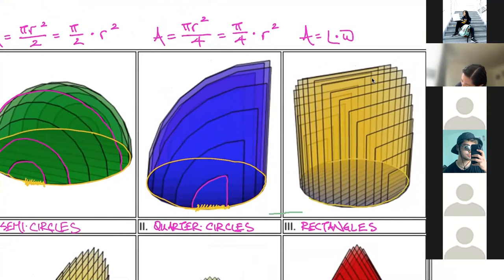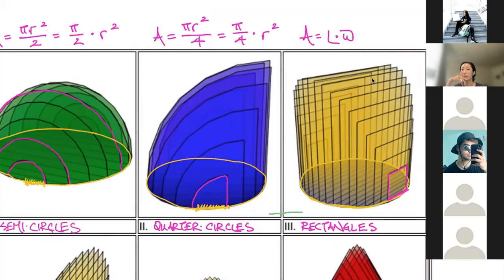So I have this as the base here. If someone were to draw maybe the width and then the length. So here's one rectangle. And the rectangle is kind of sticking up from the bottom.